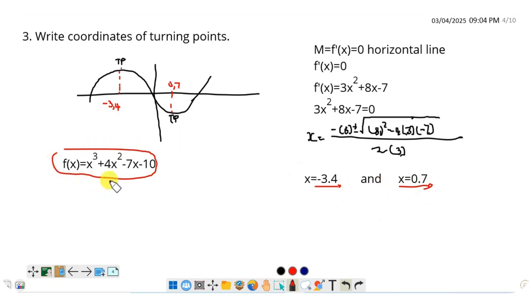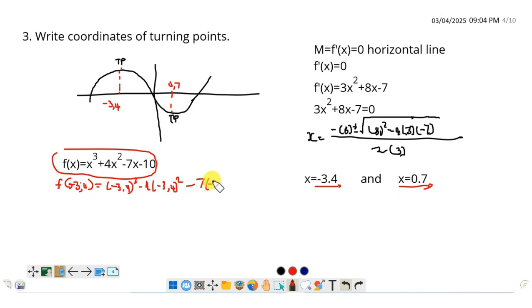So now we'll substitute x as negative 3.4. I will say f of negative 3.4, right? Then you substitute it into the equation: negative 3.4 cubed minus 4 times 3.4 squared minus 7 times 3.4 minus 10.